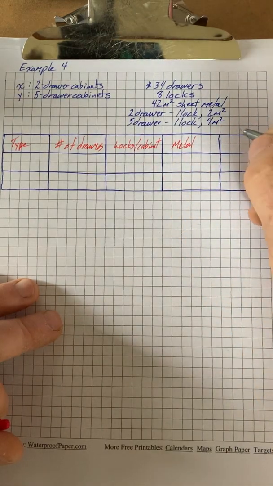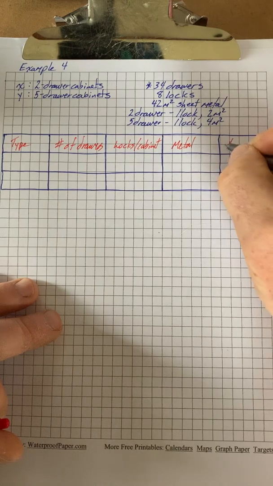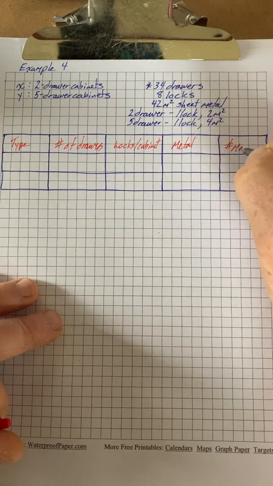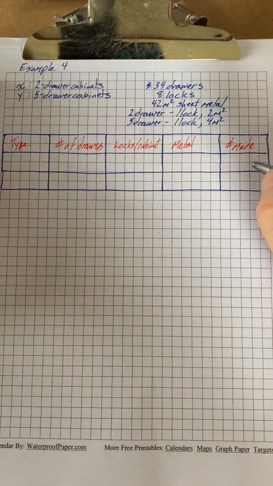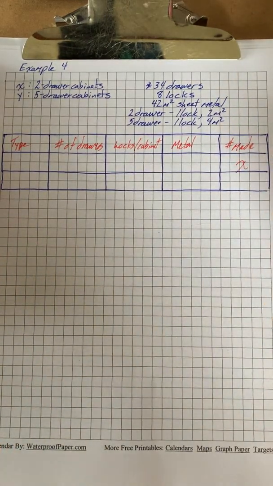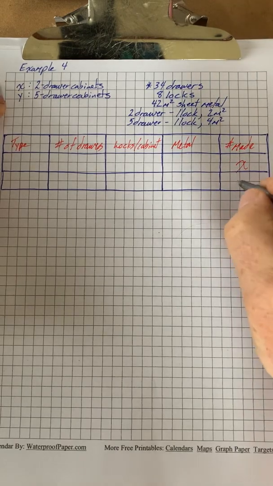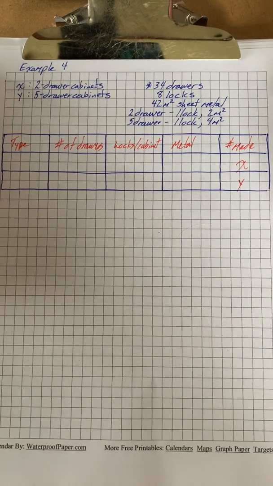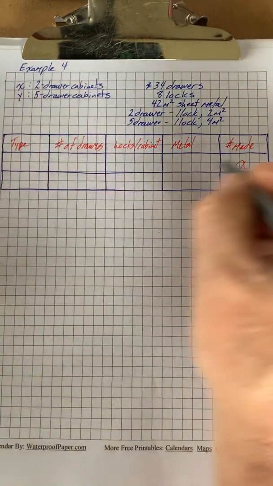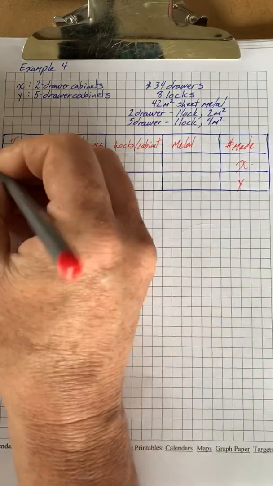And then number made. So number made is where I'm going to start because we don't know how many of each. So this is where X will be the number of 2-drawer cabinets and Y will be the number of 5-drawer cabinets.